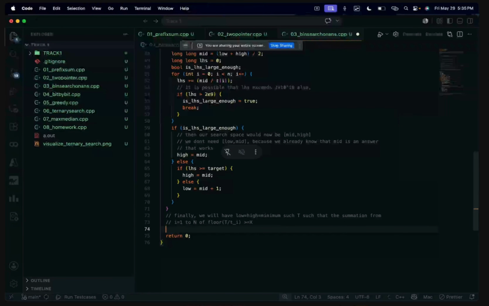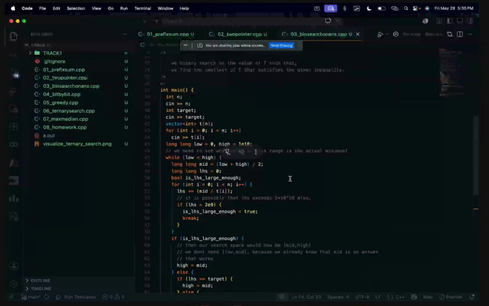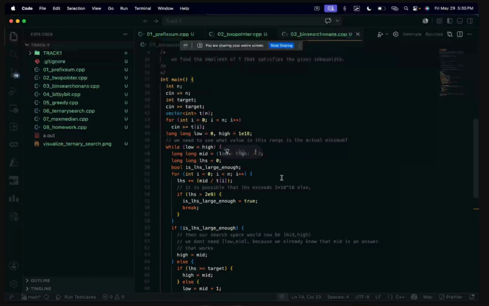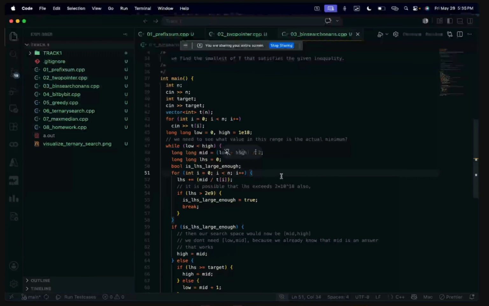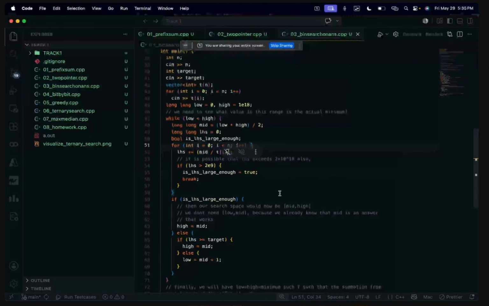Is that clear? So we just print c plus. I'm just checking if I did something wrong here. Yeah, this seems to work fine.